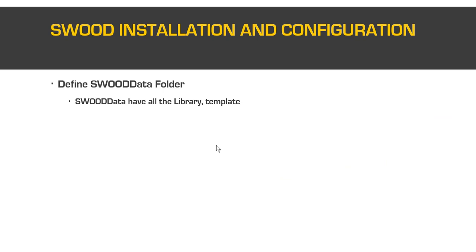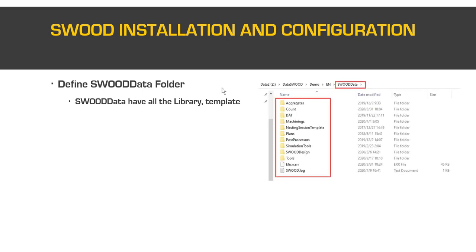So, for SWOOD, before you use it, you should have all the correct libraries and templates. So where do they come from? By default, we deliver one SWOOD data user library. It's just one folder named SWOOD data, and inside we have all the necessary elements to run SWOOD.